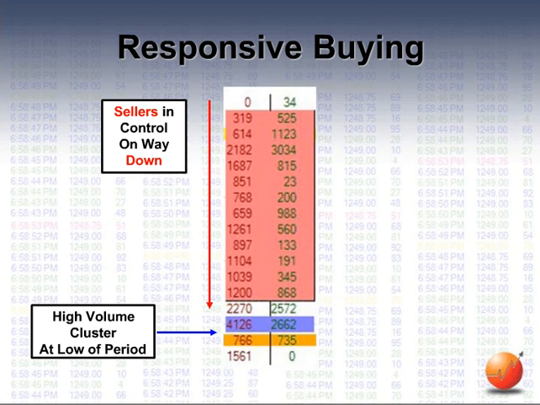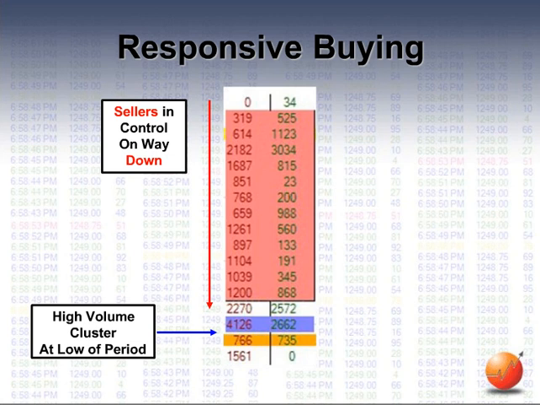So we see this shift in real time. Okay? At one point, this was heavily weighted on the top. But as this period's being created, we see this shift. We see that purple line in the volume cluster move to the bottom. Okay? That's an indication to us that something might be happening. Right? With no other information, we don't know if everything's going to reverse and take off the other way.